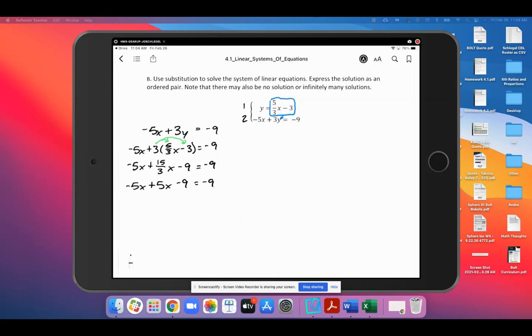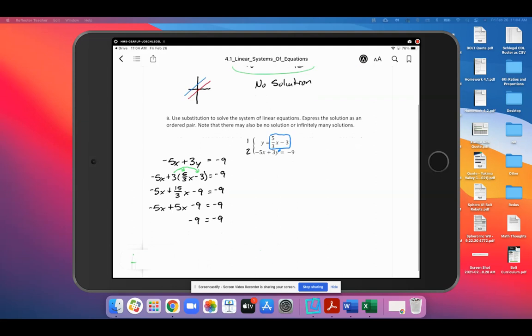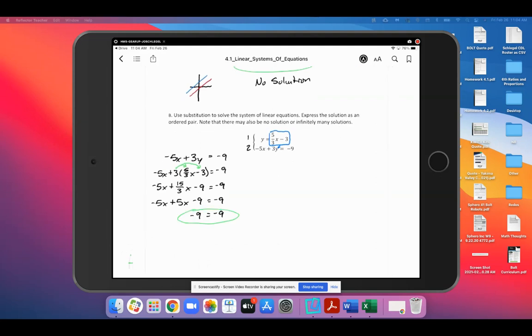A negative 5x and a positive 5x make 0, so I'm left with negative 9 equals negative 9. Now, up here we had a statement, negative 18 equals 12, that was never true. Here we have a statement that negative 9 equals negative 9, and that is always true.